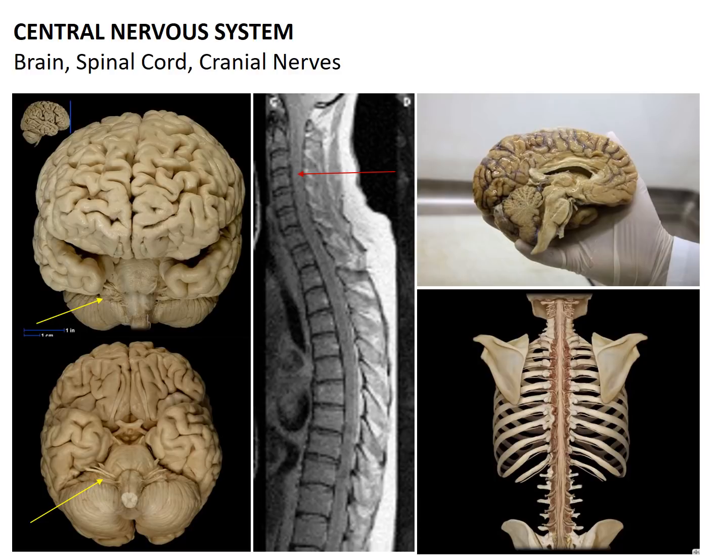So in the middle there, you can see an MRI of the spinal cord being pointed out by the red arrow. And then you can see a couple of different views of the brain. And at the yellow arrow over to the left, you can see some nerves which are exiting the brainstem. Those are cranial nerves. So brainstem, spinal cord, cranial nerves, we're talking about the central nervous system.